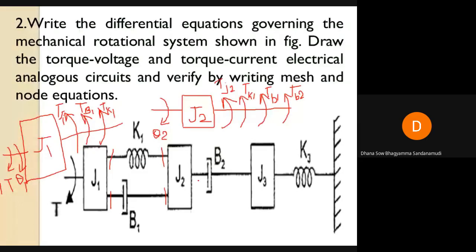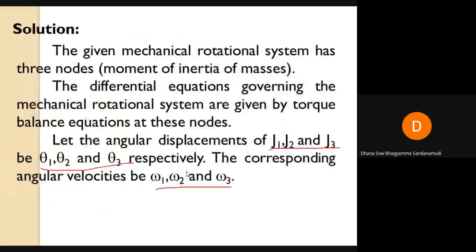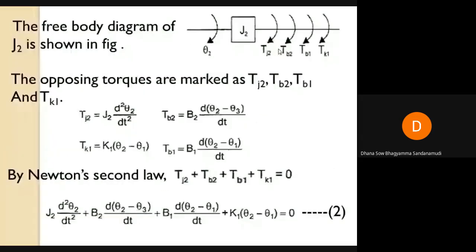So let us go inside. These are the 4 opposing torques, and these are the differential equations. According to Newton's second law, opposing torque equals the applied torque 0. So substitute all the equations.